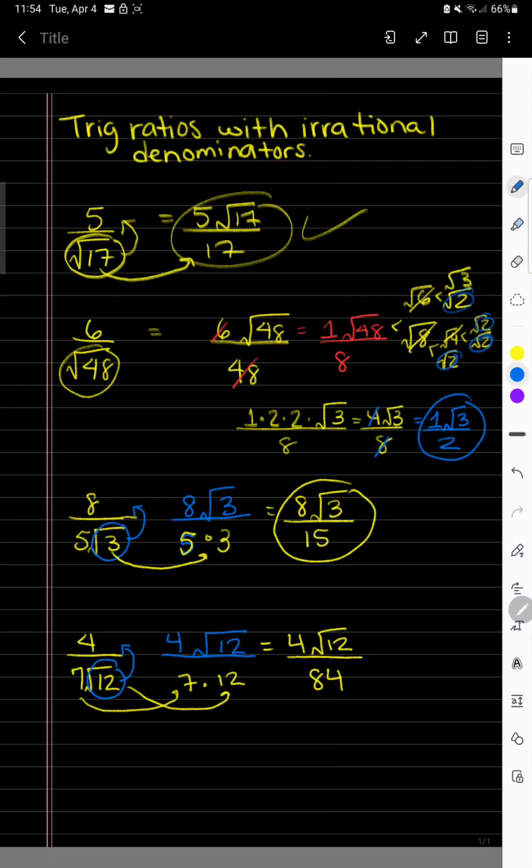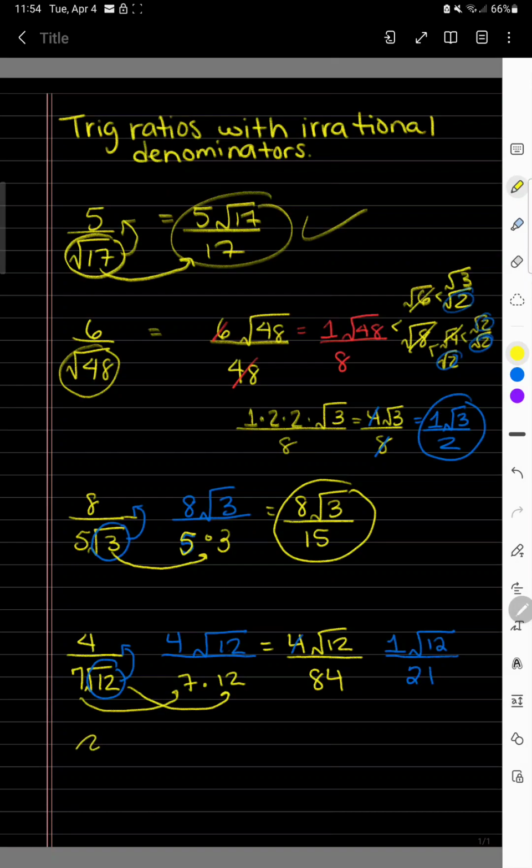So we can reduce 4 and 84 first with 4. 4 divided by 4 is 1. And then 84 divided by 4 would be 21.